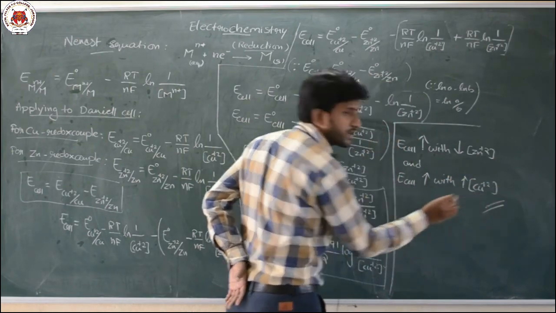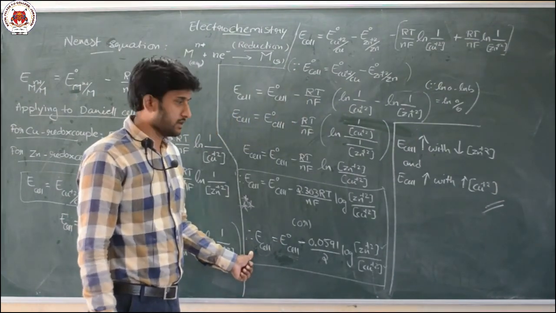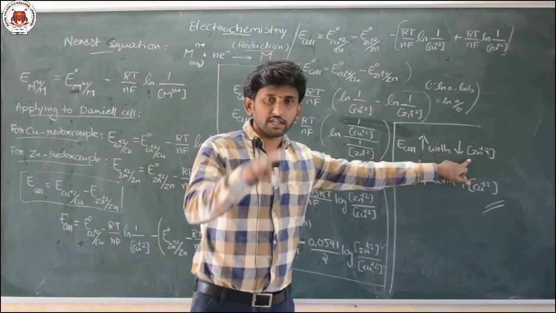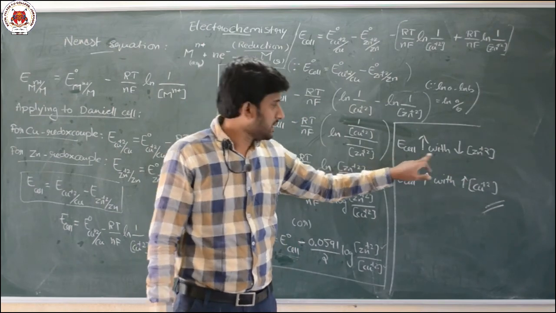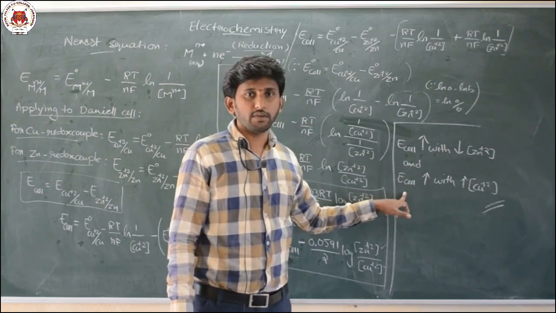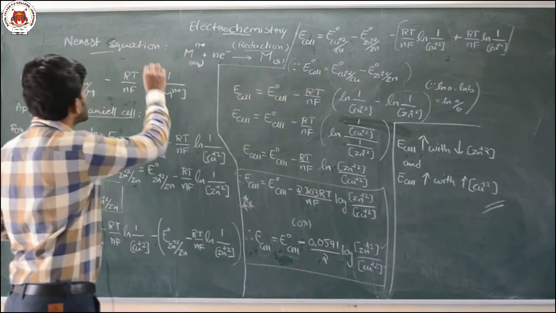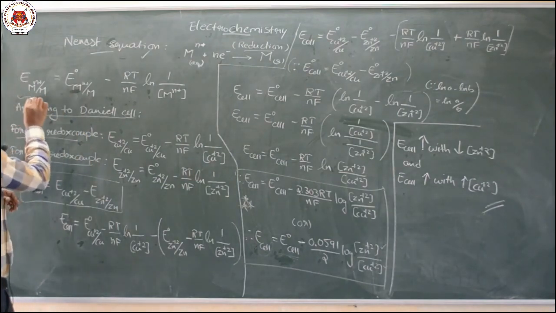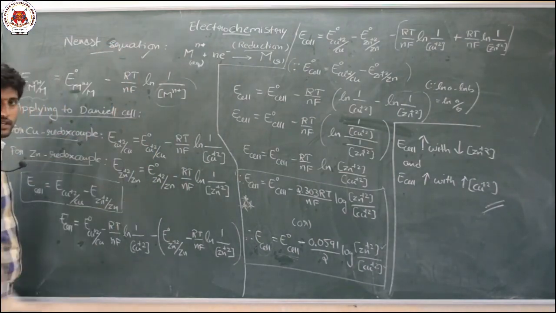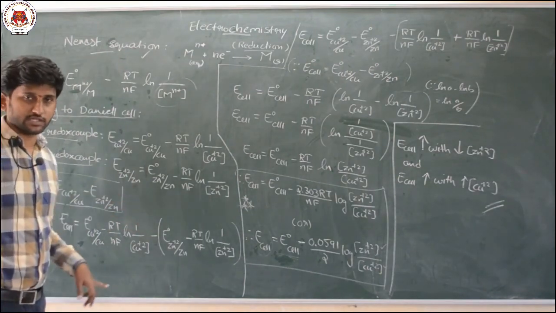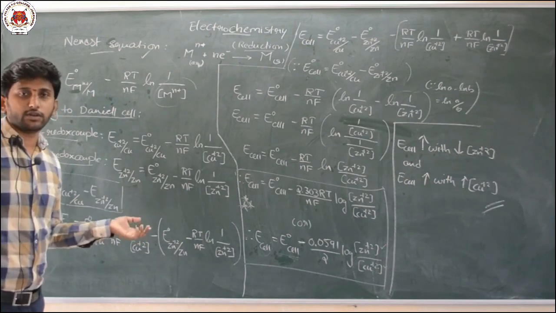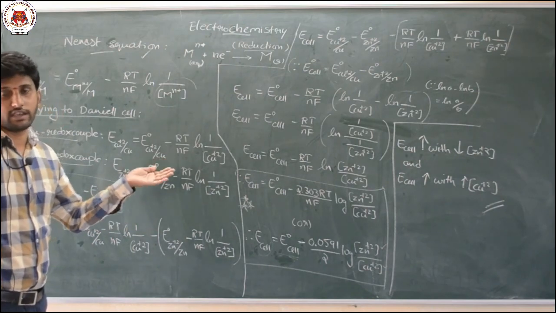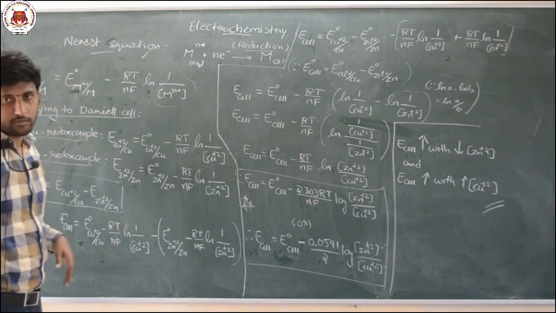This is the inference you get from the final equation. If zinc concentration decreases, EMF increases. If copper concentration increases, EMF increases. That is the usefulness of the Nernst equation. It gives the relation between the EMF and the concentration of the reactant species, whether reduction electrode or oxidation electrode.